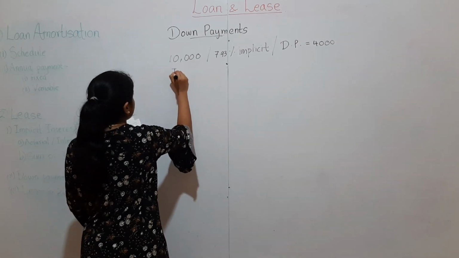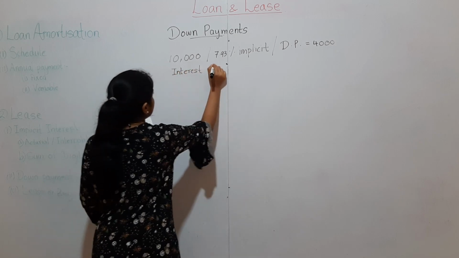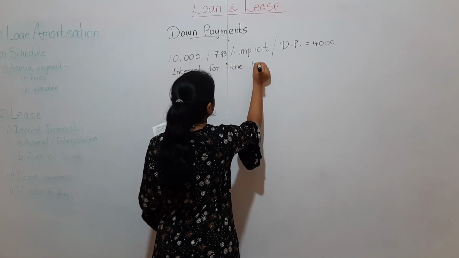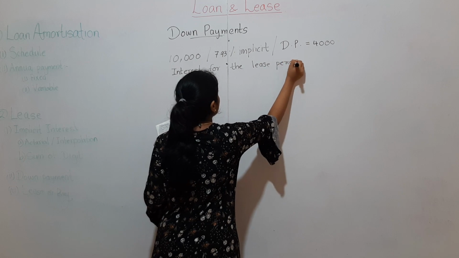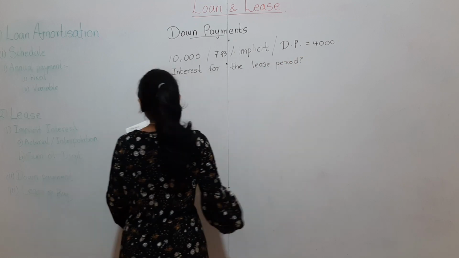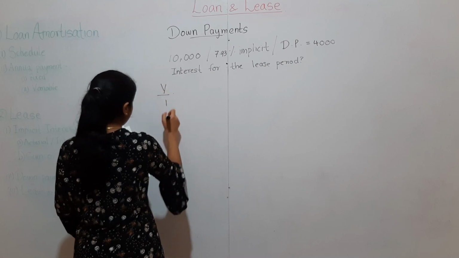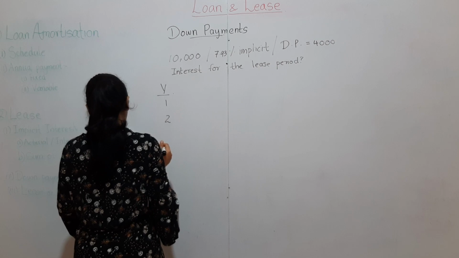Calculate the interest amount for the lease period. They are asking what our interest is for the lease period. Now, draw the amortization schedule first, which is for how many years?